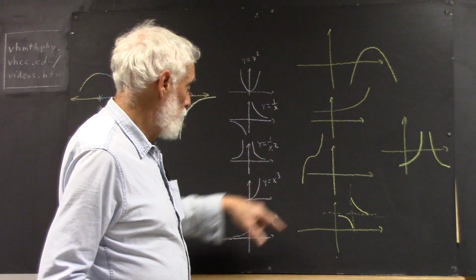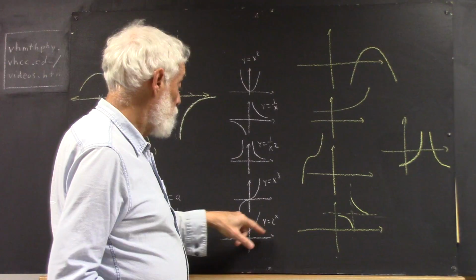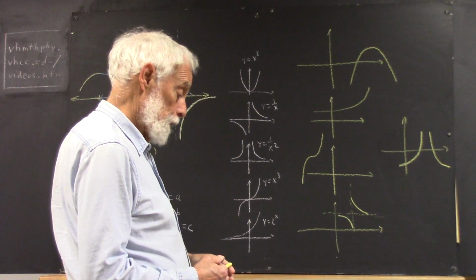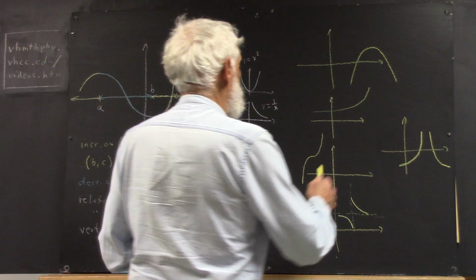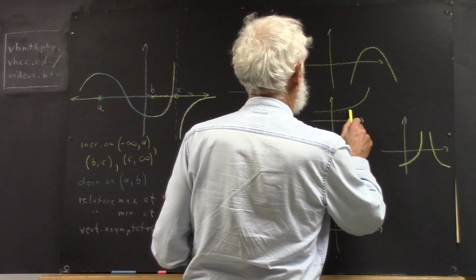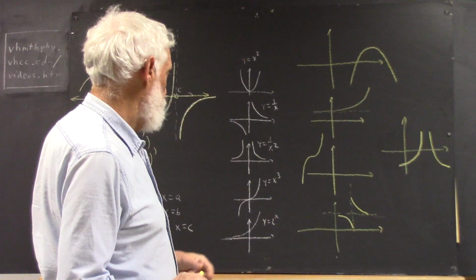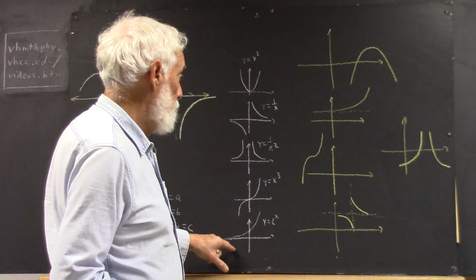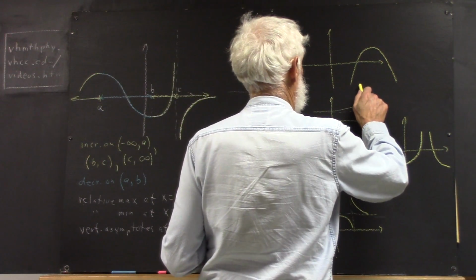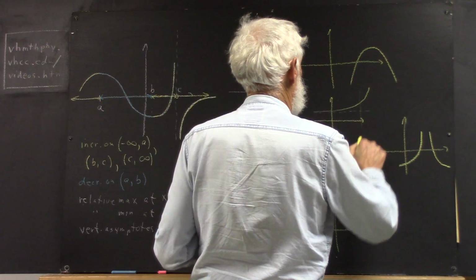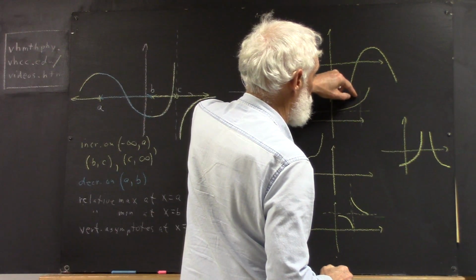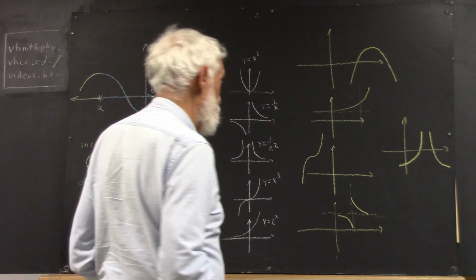So it appears to have the same characteristic that the extended y equals 2 to the x graph would. If this is our asymptote here, then this graph could easily match this one if the x-axis had been shifted, or the y-axis had been shifted over to about here.